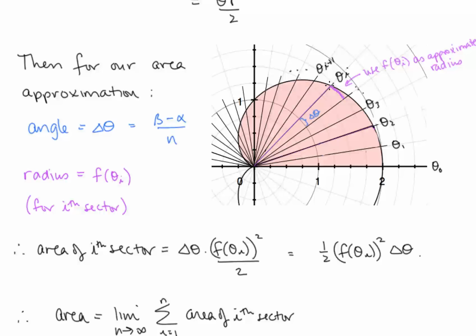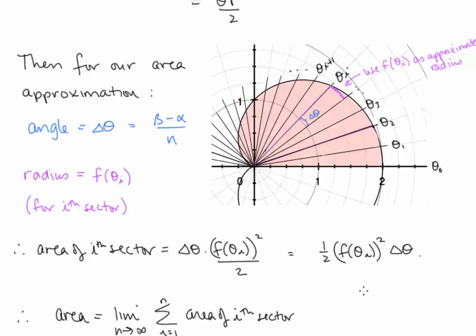We're going to approximate the area of the ith sector using that radius. Using the formula theta r squared over 2, the area of the ith sector in this approximation is going to be delta theta times f of theta i quantity squared over 2. We can write that as 1/2 f of theta i quantity squared delta theta.